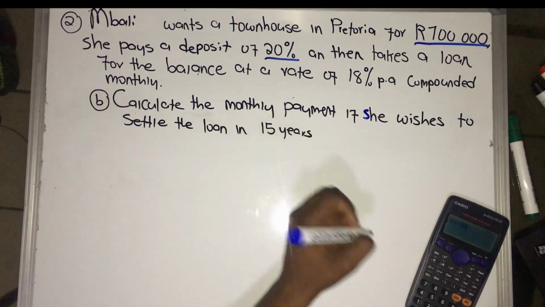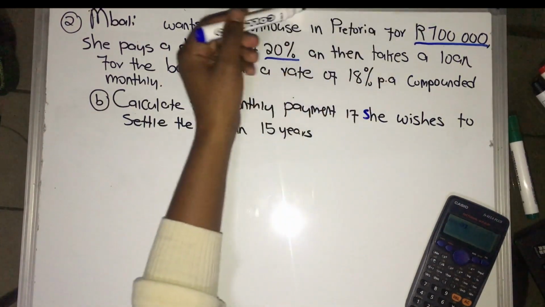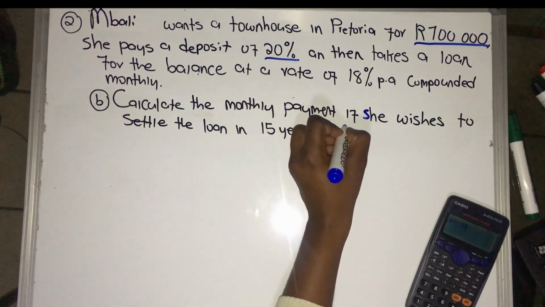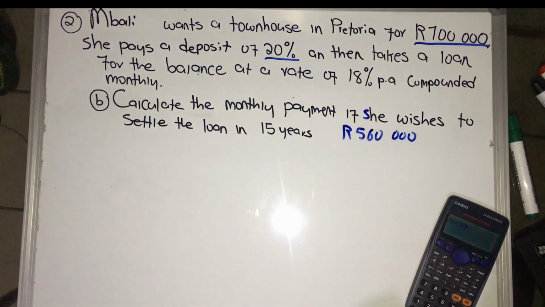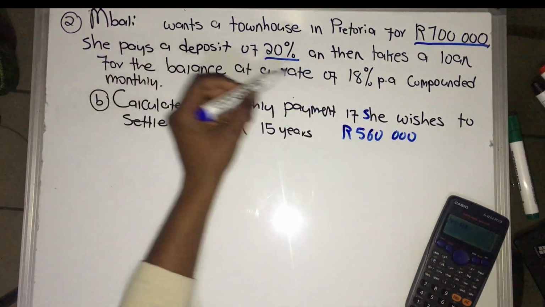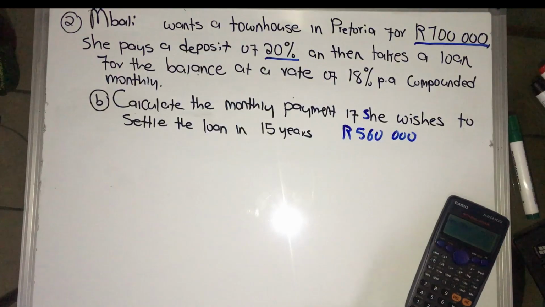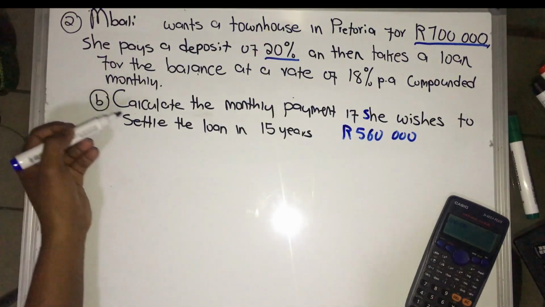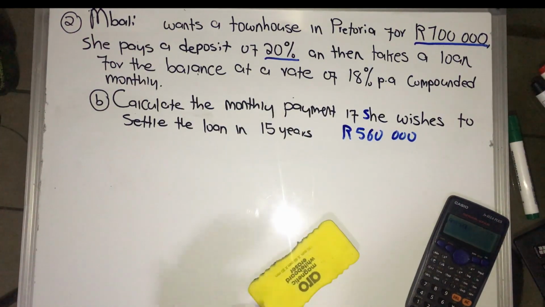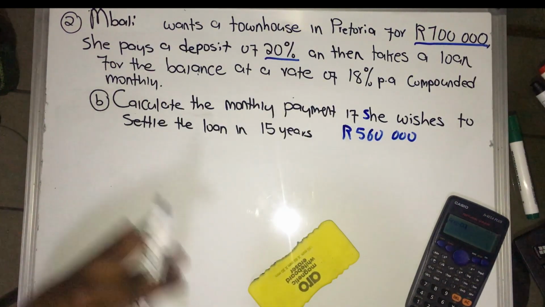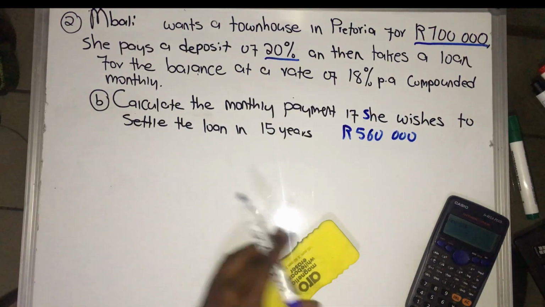Okay, so remember we know from the previous question that she's financing 560,000, and then that's the interest that she's given. Okay, so we need to calculate the monthly payment. Okay, so we know that this is a present value annuity, right? Because someone borrows money and then they get a huge amount of money at that instant. So it's a present value.